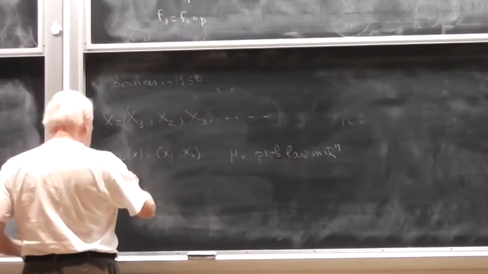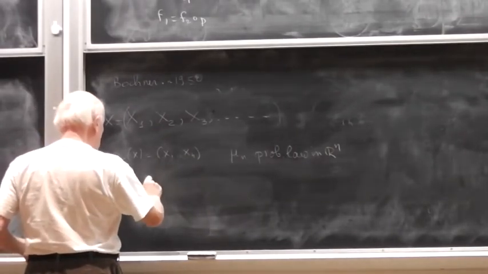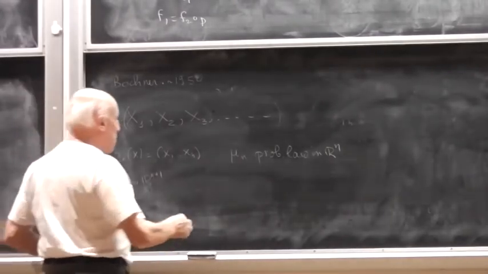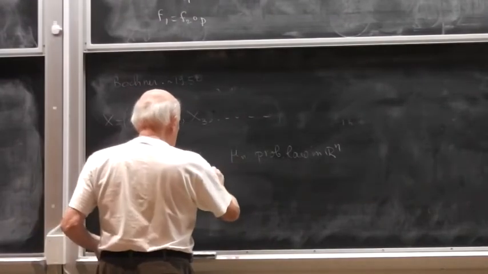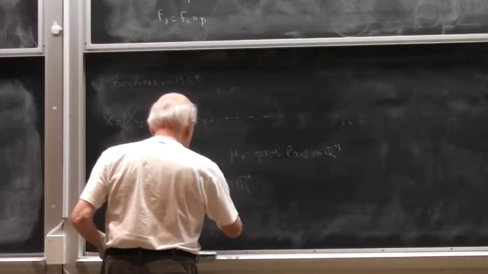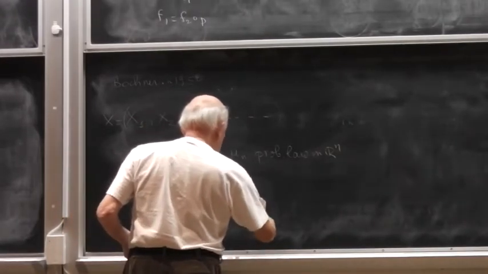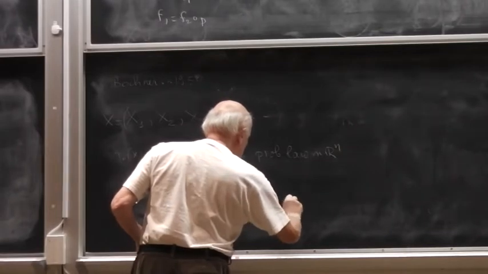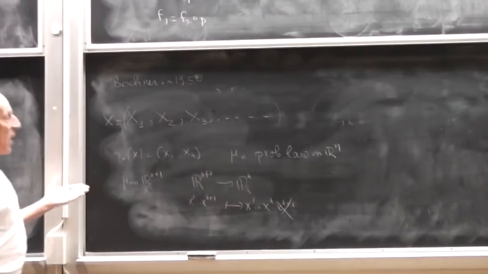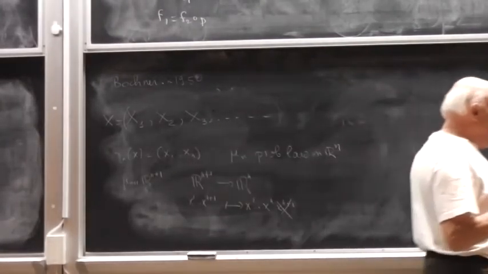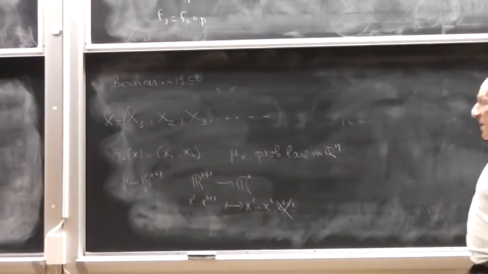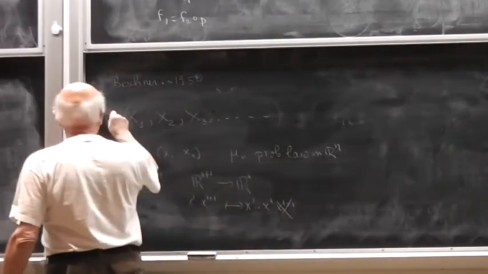That means that if you have mu n, a probability measure on Rn, and mu n plus 1 on Rn plus 1, then you consider the projection of Rn plus 1 onto Rn, which omits the last coordinate: x1 to xn plus 1 goes into x1 to xn, with xn plus 1 removed. Then the corresponding projection should be mu n. If you have the probability law for x1 up to xn plus 1 and you forget xn plus 1, you get the probability law for x1 to xn.